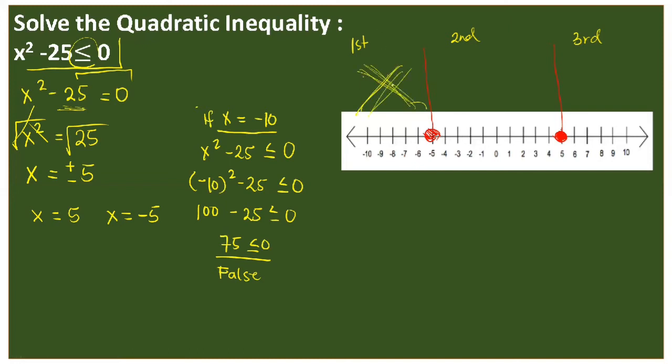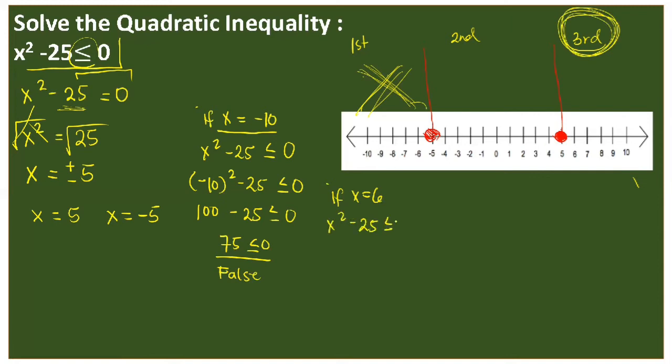Next, let's try the third region first. Let's get the test point in the third region. Let's try positive 6. If x is equal to positive 6, then x squared minus 25 less than or equal to 0.